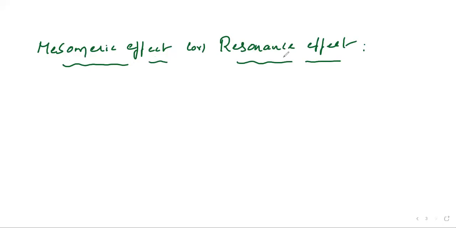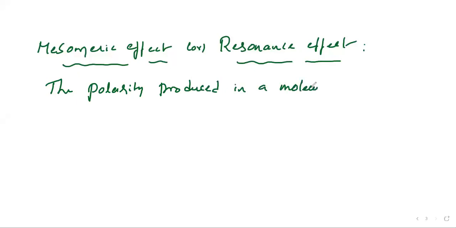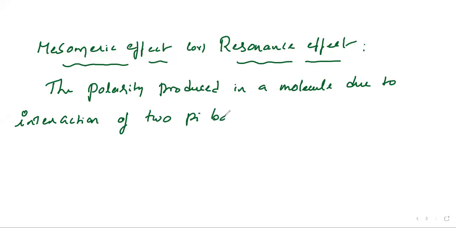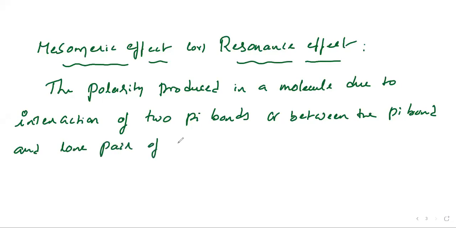Okay, so mesomeric effect or resonance effect is nothing but the polarity produced in a molecule due to interaction of two pi bonds, or between a pi bond and a lone pair of electrons in a conjugated system.